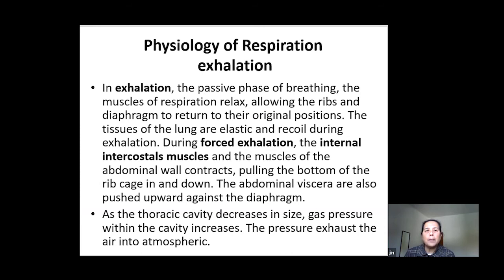Generally speaking, when the chest cavity decreases in size, the pressure increases and air leaves the lung to the outside. If the size increases, it is opposite, and the air goes into the lung.